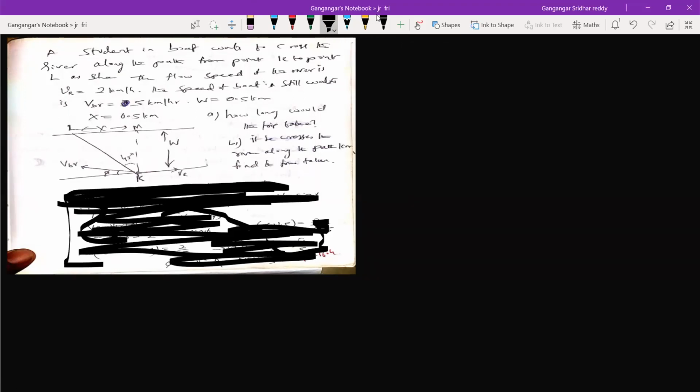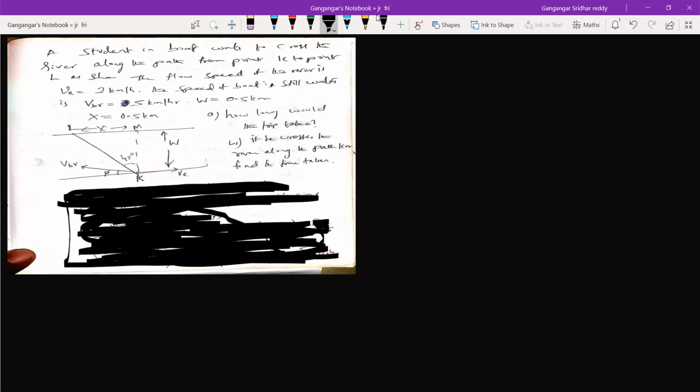A student in a boat wants to cross the river along the path from the point K to L as shown. The flow speed of the river is 2 km per hour.